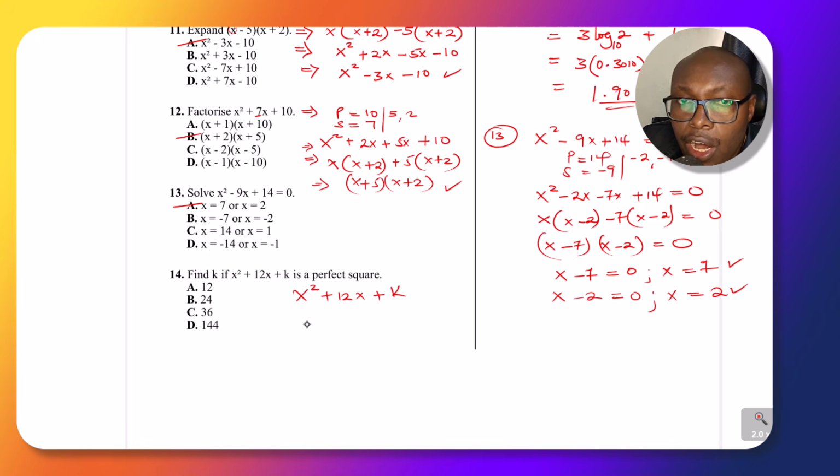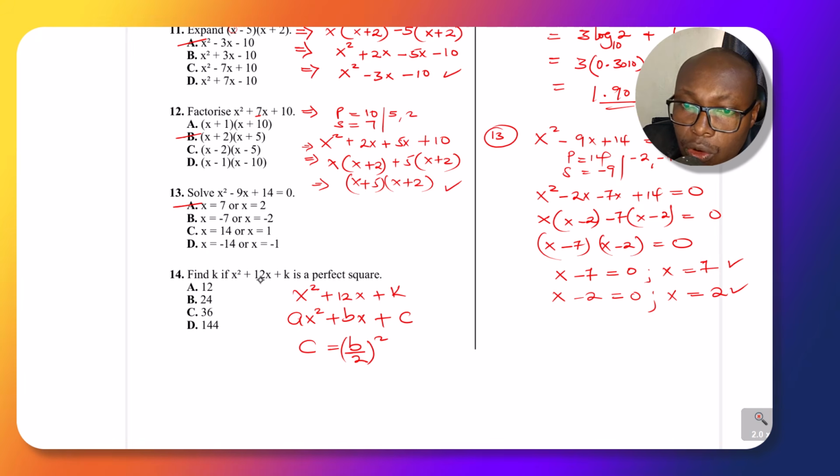So if you have a standard quadratic expression in the form of ax squared plus bx plus c, and you want to get c, that is the constant term, you simply take half the coefficient of x. The coefficient of x is b. Get half of that and then you square. That will give you c.